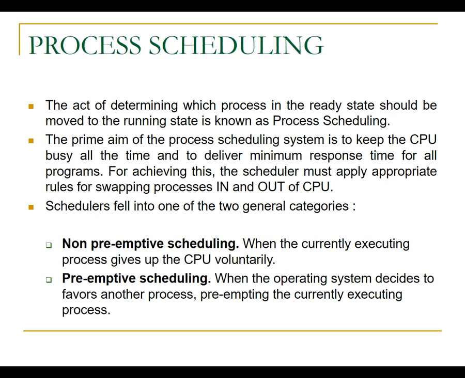For that, the scheduler must apply appropriate rules for swapping input and output processes for the central processing unit. Now these schedulers are internally divided into two subtypes, called preemptive scheduling and non-preemptive scheduling. It is just something like rule or unruled scheduling.